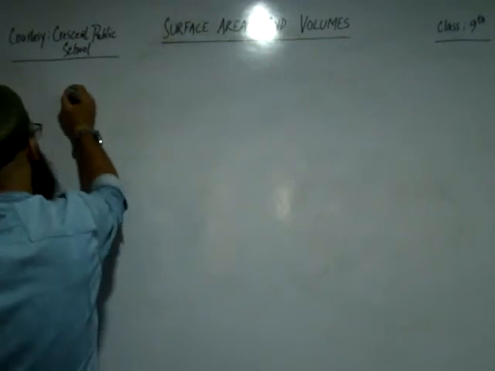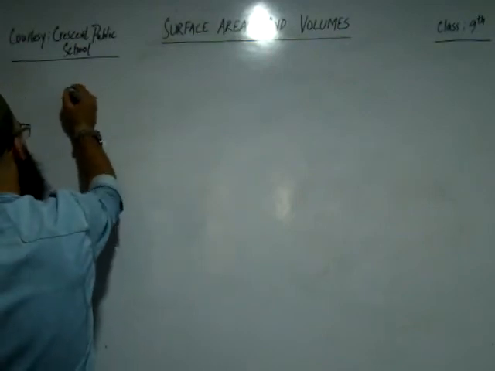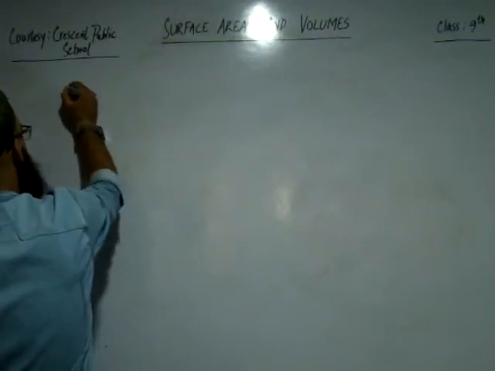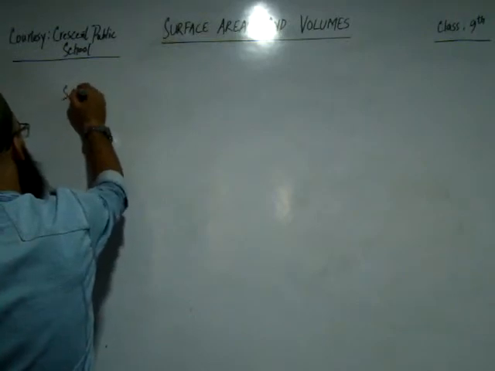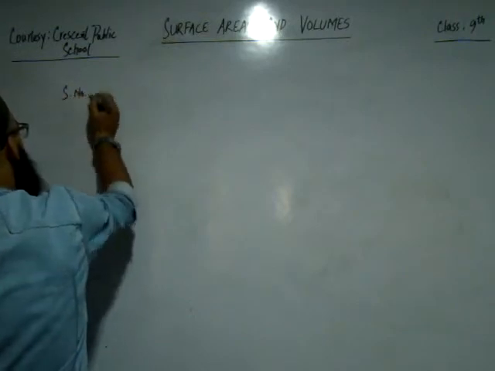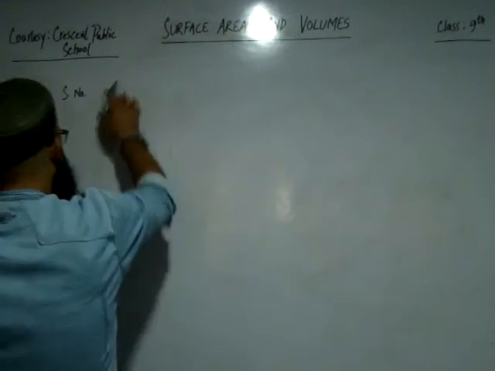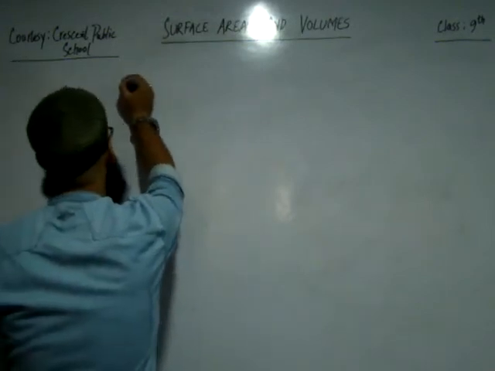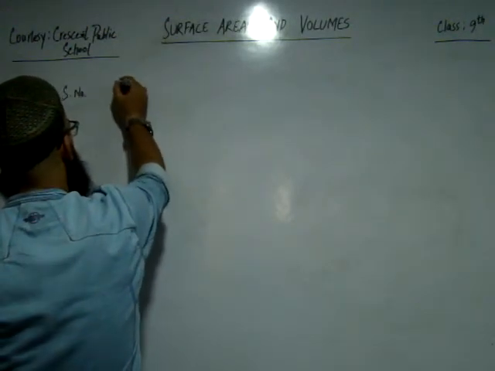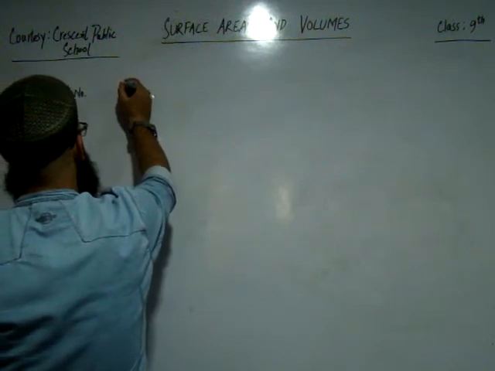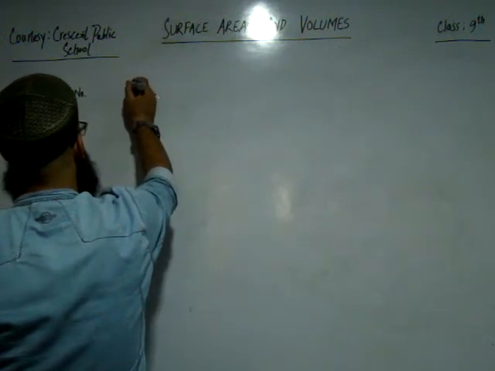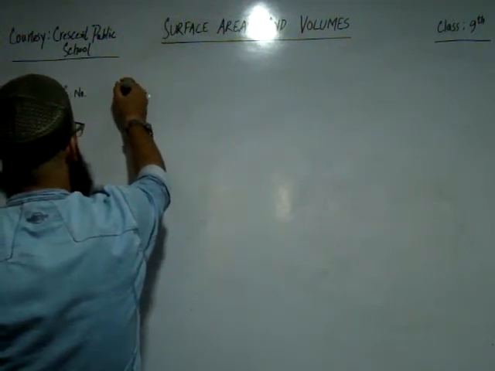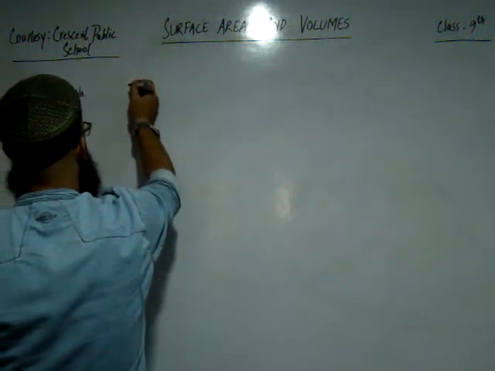Let me make it like this. This is a serial number. Then we have figure. Then we have name.